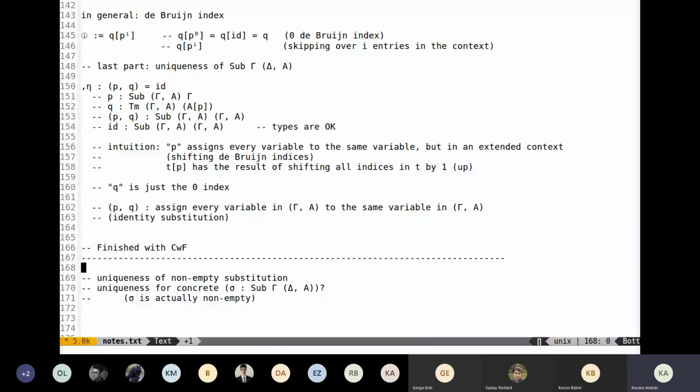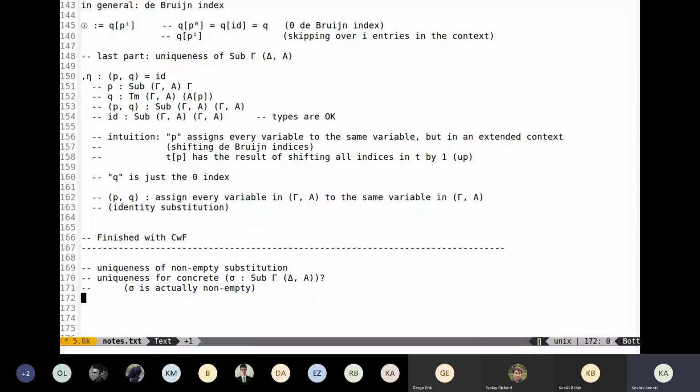So every substitution which has a non-empty target context should be non-empty. So every such sigma should be equal to an extended substitution. And the equation says that every such sigma is equal to sigma p extended with Q.